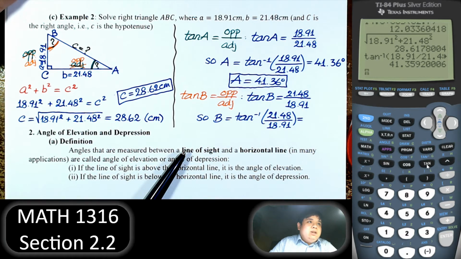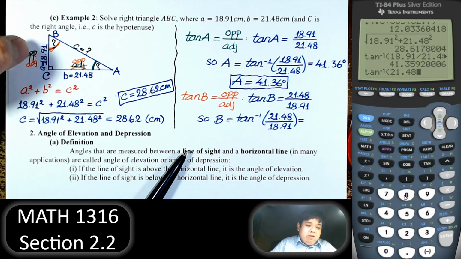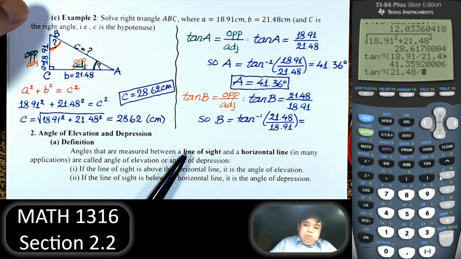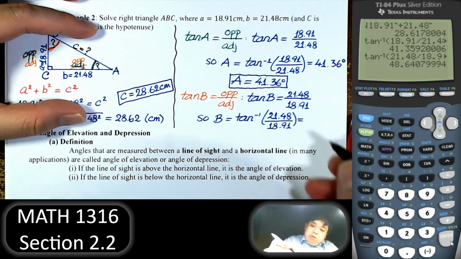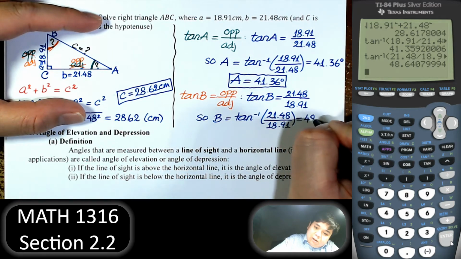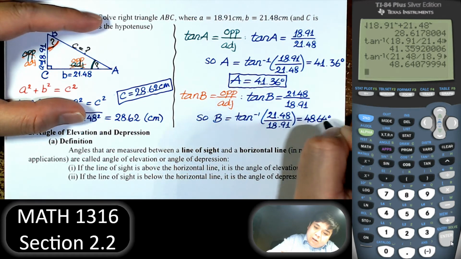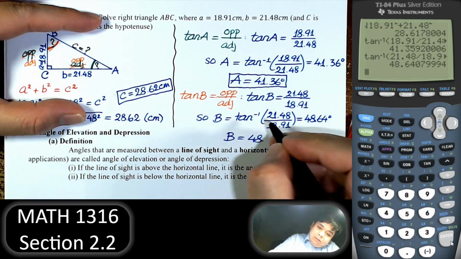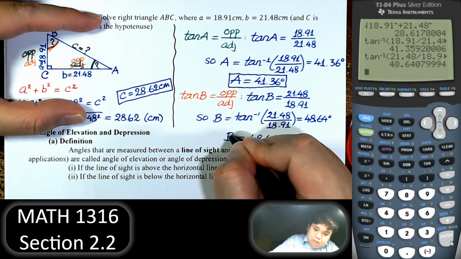Right, tangent inverse of 21.48, opposite divided by adjacent, of 18.91. And it's 48.64. Right.